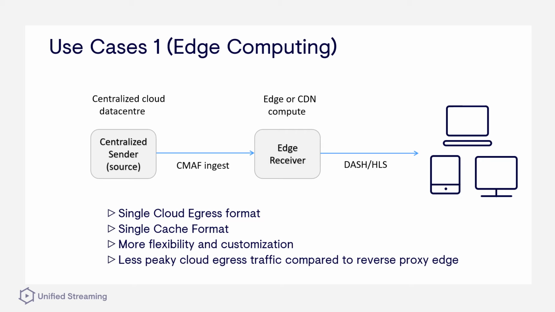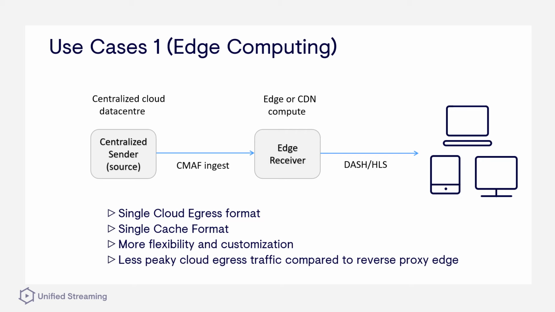Some advantages that we see in this setup is that we can have a smoother egress traffic pattern from the centralized cloud to the CDN by using HTTP post and CMAF, single format. We can deduplicate the cache by only storing the CMAF fragments and generating DASH or HLS segments on the fly.